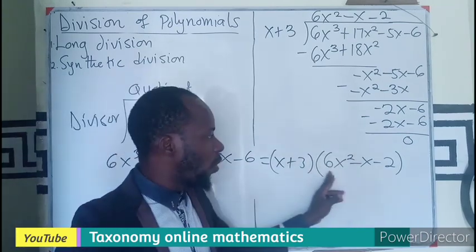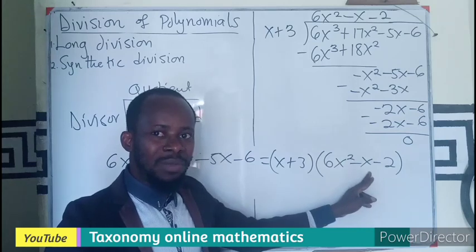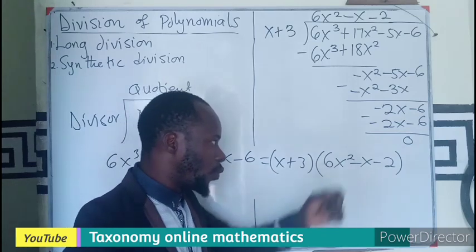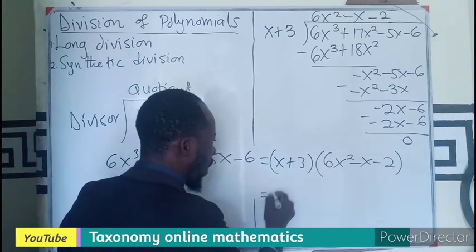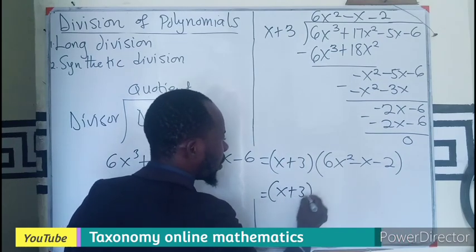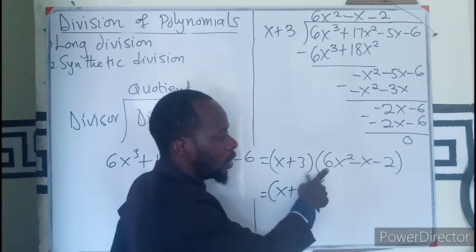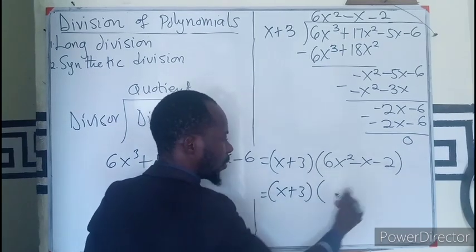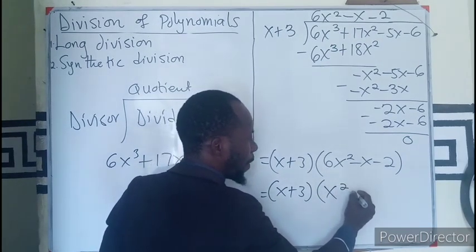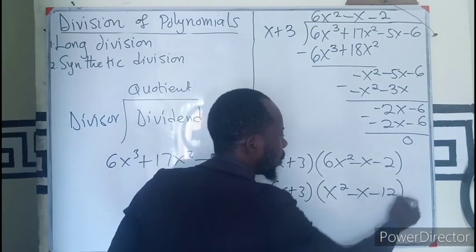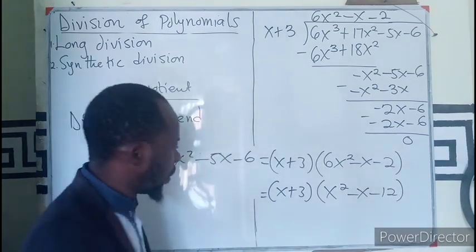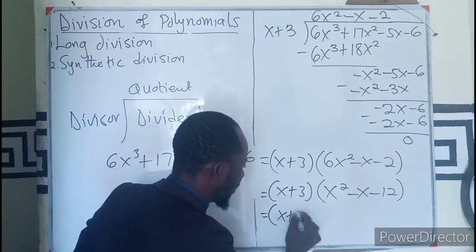But we can see this is also a quadratic that can easily be factorized. So we do that easily to have our this. Since the coefficient of x squared is not 1, we use that to multiply this. So it gives us x squared minus x minus what? 12. Then your x plus 3.